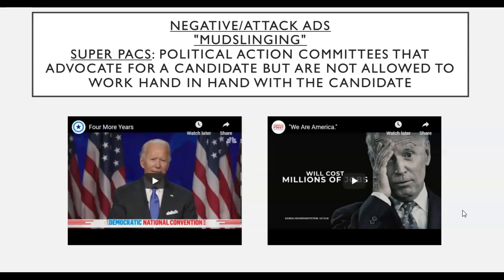It's a group of individuals and businesses that advocate for a particular candidate, but they're not allowed to work hand in hand with that candidate. So they're kind of independent, but they're working to get their guy elected. I have just to show you 2 examples of mudslinging or negative attack ads that are produced by super PACs.